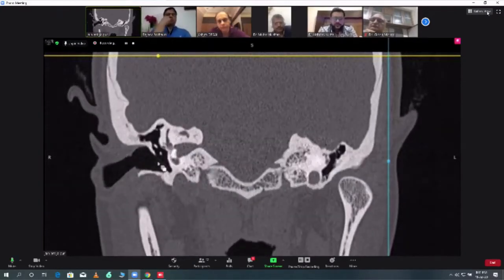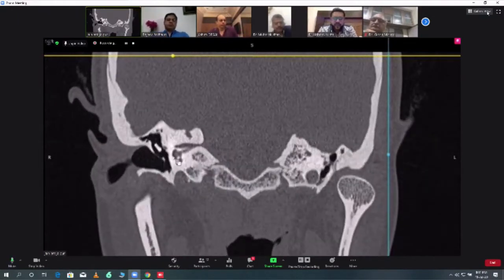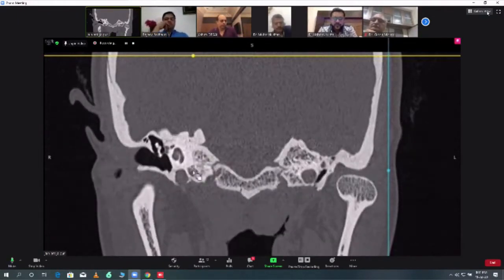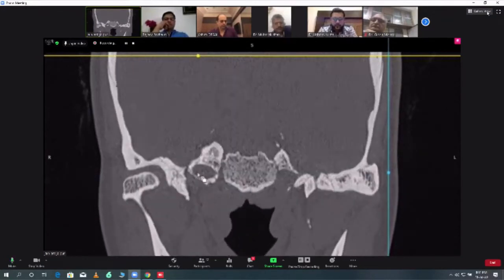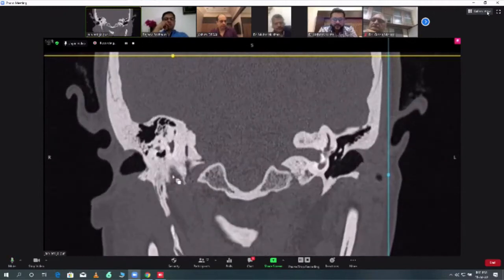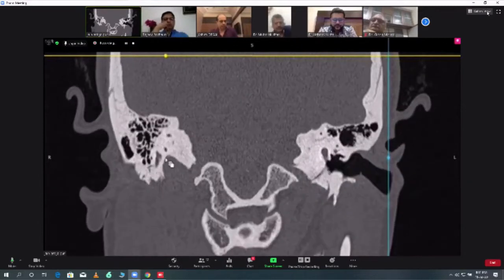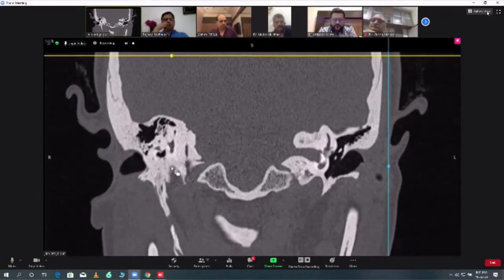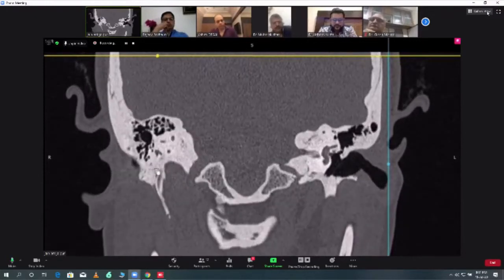So all these things are to be seen. This is your jugular bulb. This is your cochlea, and this is your jugular bulb, much below. That's the carotid artery, see, going there. And what we need to see in relation to the round window is that the jugular bulb is far off, quite below.